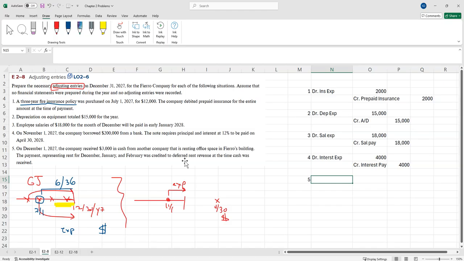We're now at the end of the year, so we have to accrue 1 month of rent that we have earned. It will be debit deferred rent revenue, or unearned revenue, and we can credit rent revenue for $1,000, 1/3, because they gave us $3,000 for 3 months. It's got to be $1,000 a month.